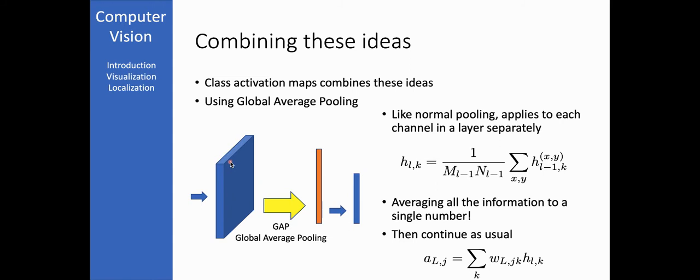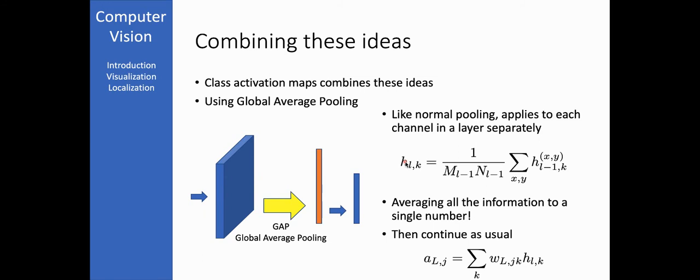Mathematically, it acts like a normal pooling operation, but it applies to each channel separately. So I really take the channel and average across the XY direction, across the spatial size, to convert it into a single number. And it might sound extremely cruel because I average all the information to a single number, but it actually works quite well.